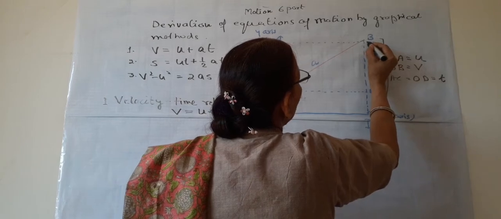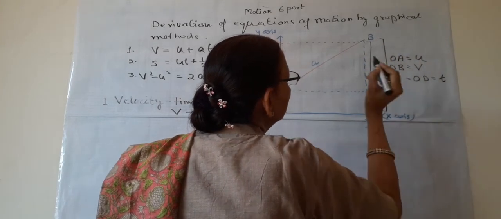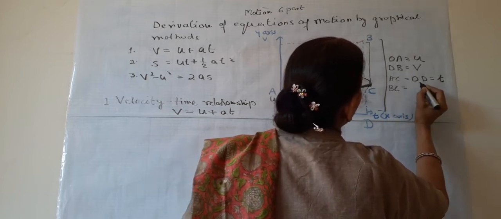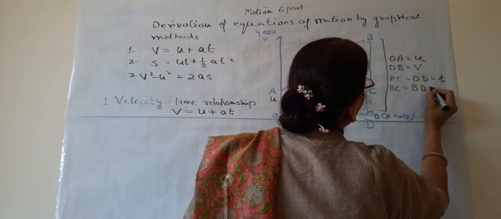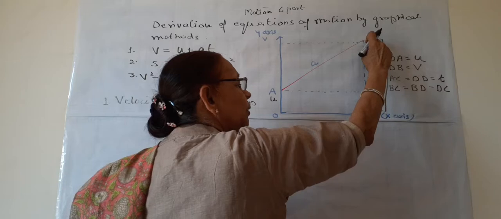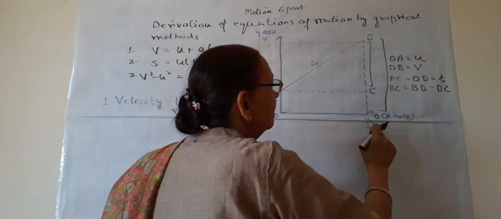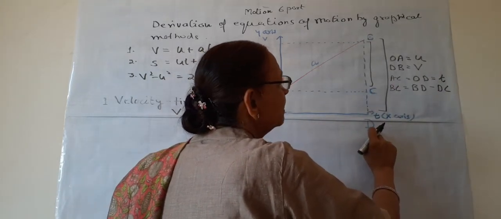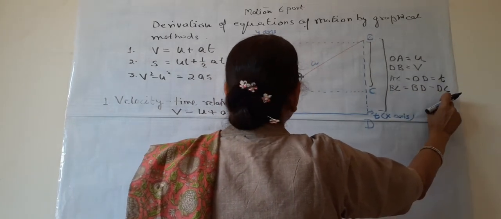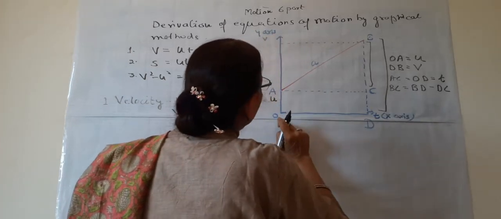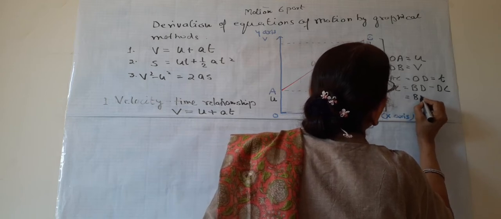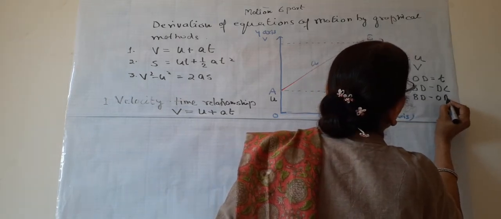Now if I want to know what is this BC, you will see that this BC is equal to BD minus DC, or CD, one and the same thing. This DC is AO, so BC is equal to BD minus OA.